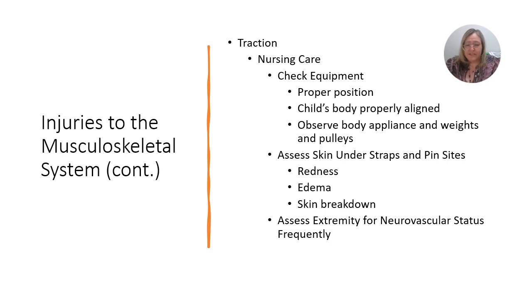Observe the weights and pulleys to troubleshoot any problems, and if there's anything attaching to the skin, assess the skin for areas of redness, edema, breakdown. Also check pins for infection and make sure that they're clean. And then remember your 5 Ps. Check your neurovascular status.